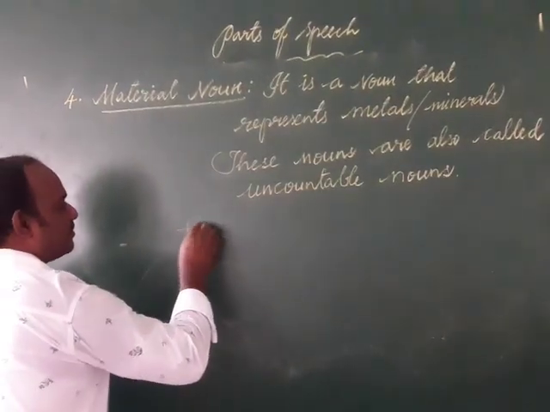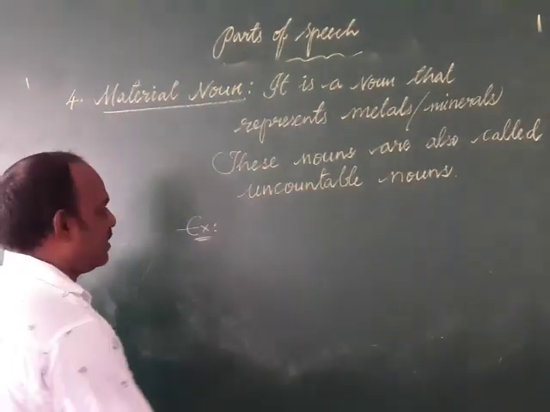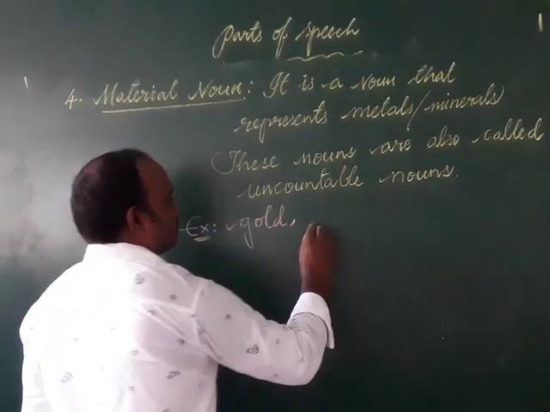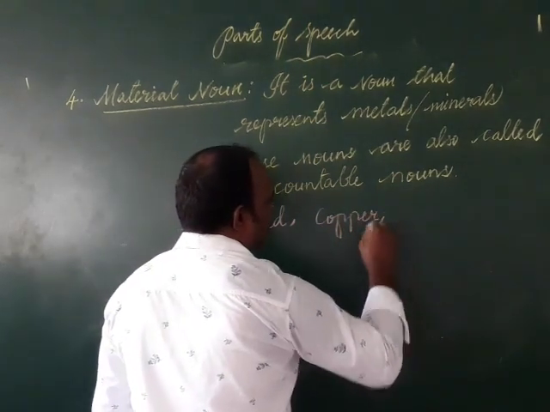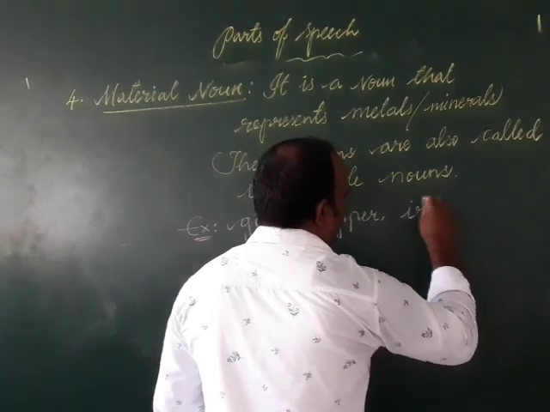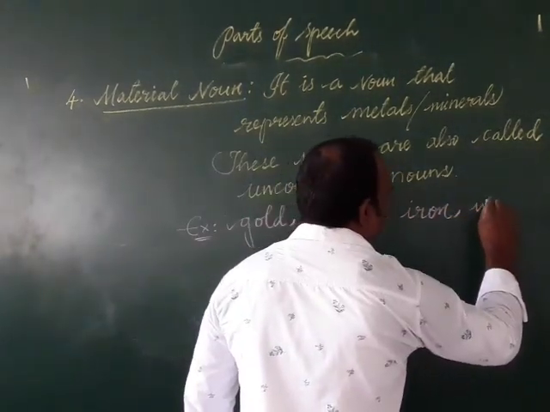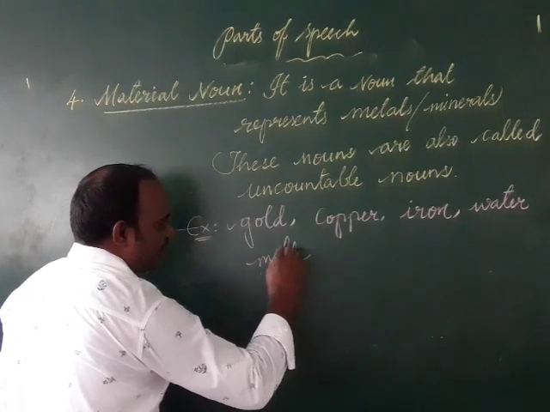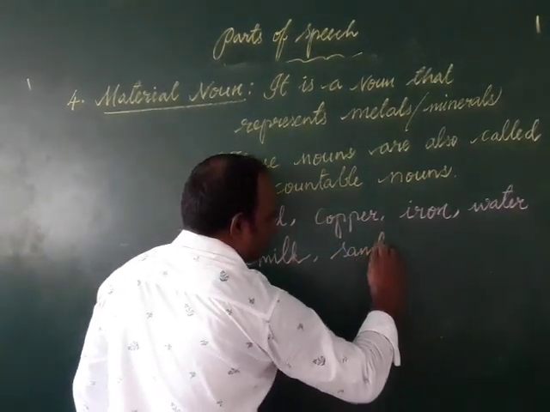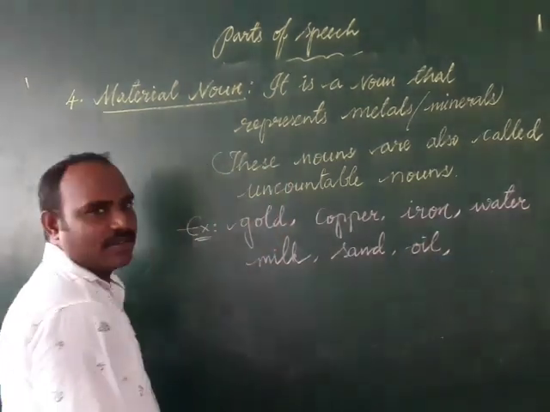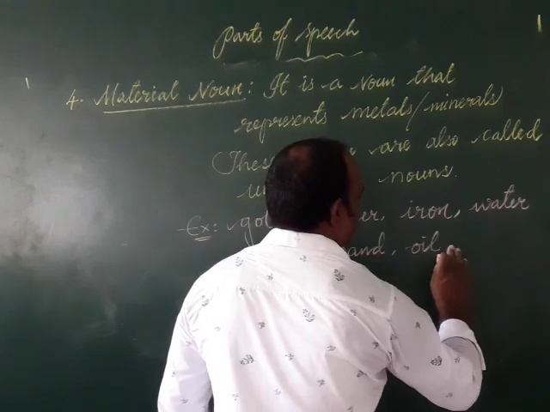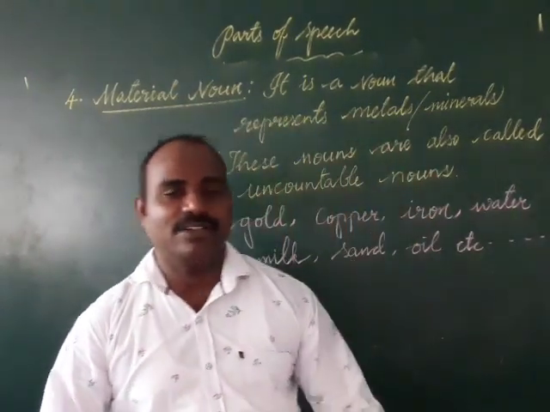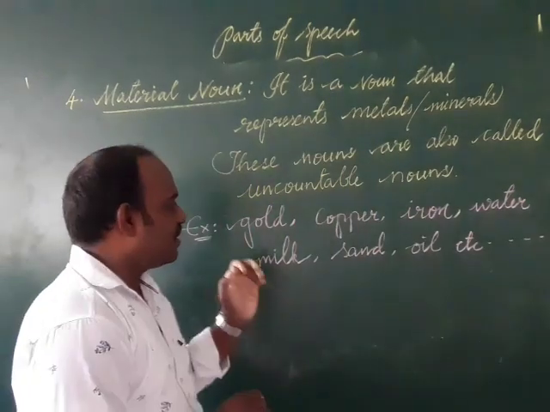So examples for material noun: gold is a metal, copper, iron, water, milk, sand, oil, etc. So a material noun is a word or noun that represents metals and minerals.